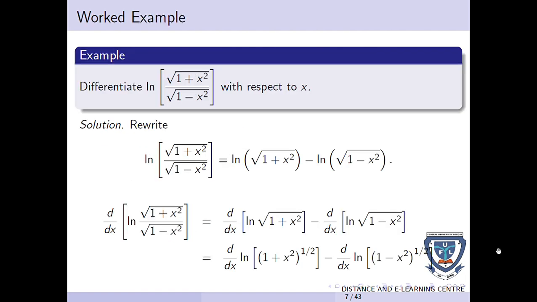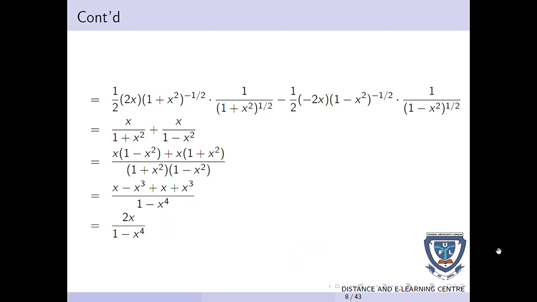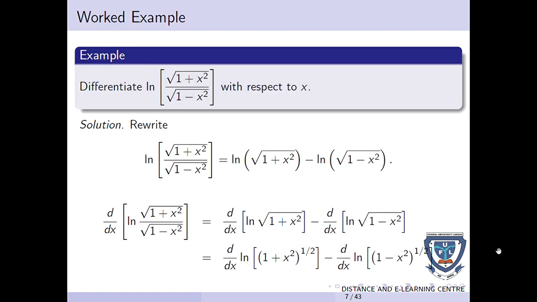Okay, now let's take some worked examples. Differentiate the natural logarithm to base e of the quotient, square root of 1 plus x squared all over square root of 1 minus x squared, with respect to x. Now, in trying to handle this problem, we know the basic relationship in logarithm.